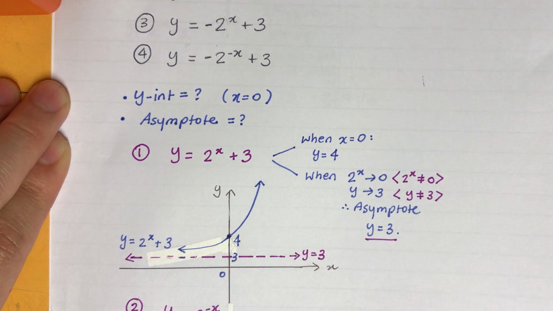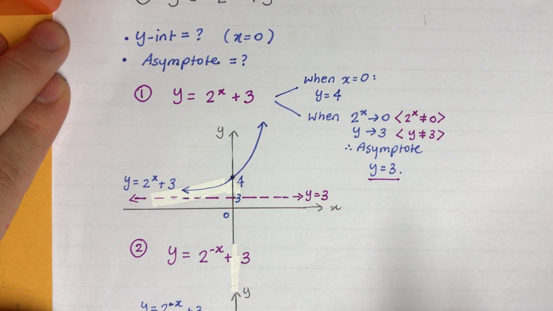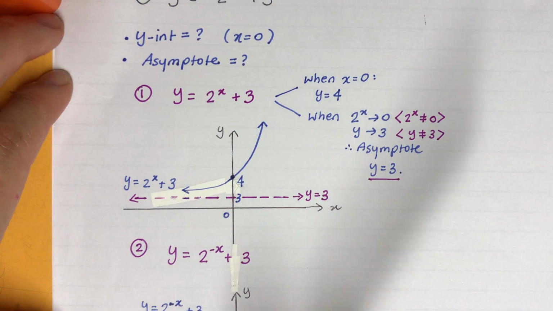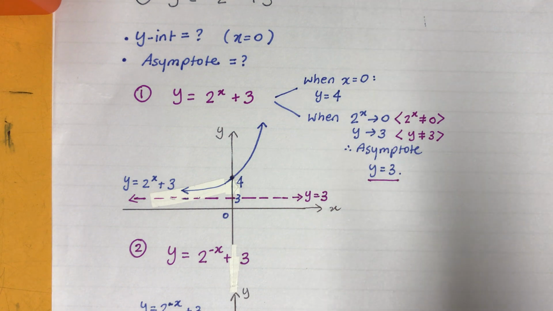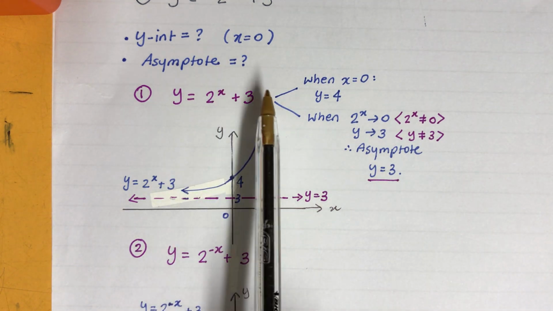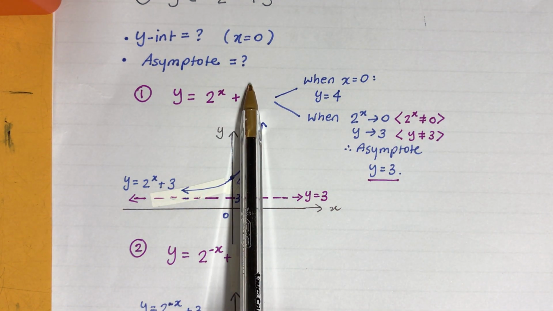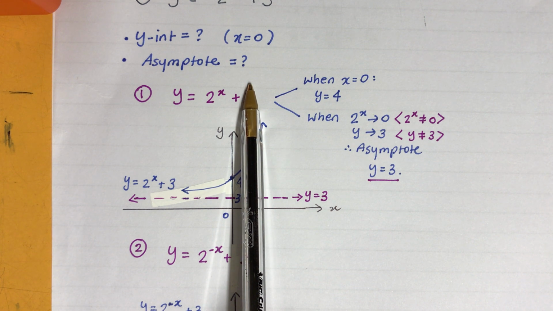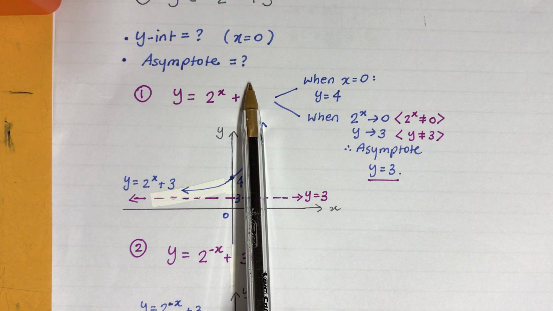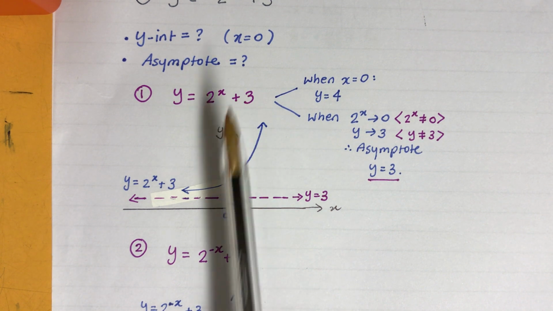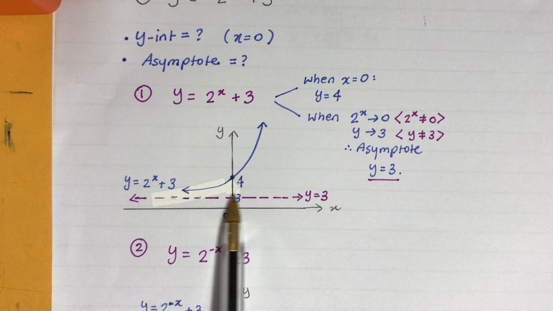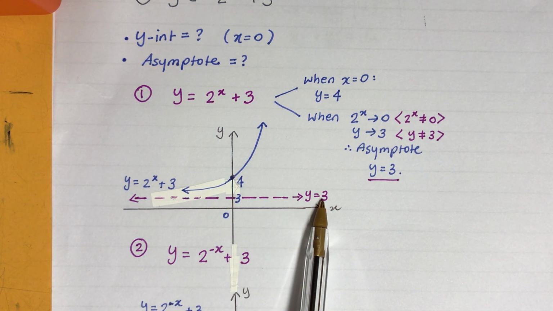And then what happens with my asymptote? The asymptote is also pushed up. If I didn't have plus 3, I would have the asymptote as y equals 0. But y equals 0 has been pushed up, so now my new asymptote is y equals 3.